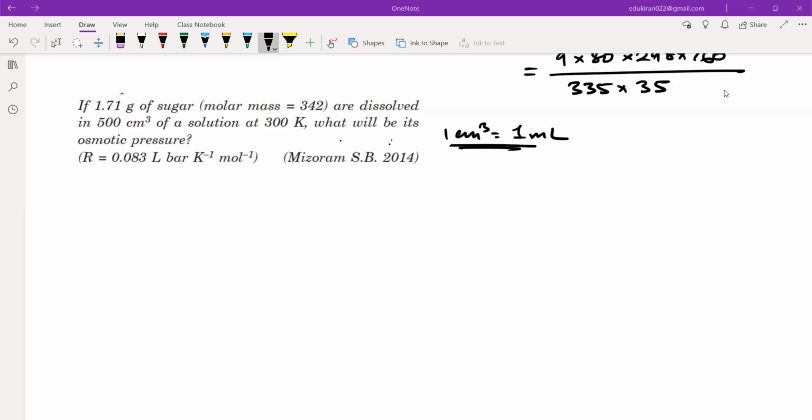Why? You will not get marks if you don't divide them, okay? Please remember this. You are making some mistake, a little mistake there.